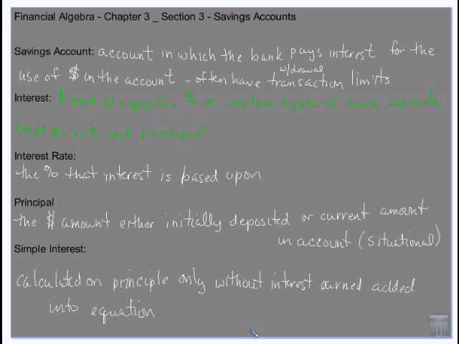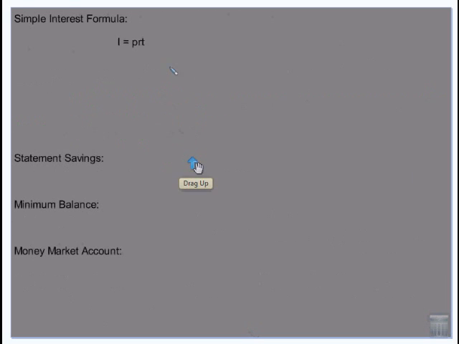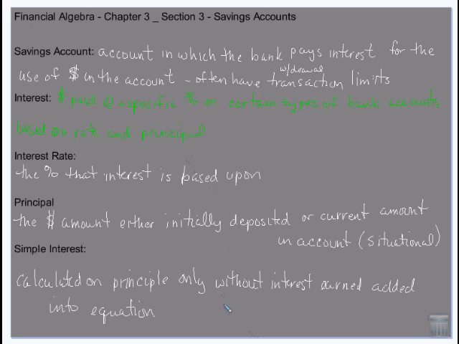Basically, though, it's money in the account. However, principal does not include interest that you have earned. So it's all the money that you put into the account, but not the money that the bank puts into the account.